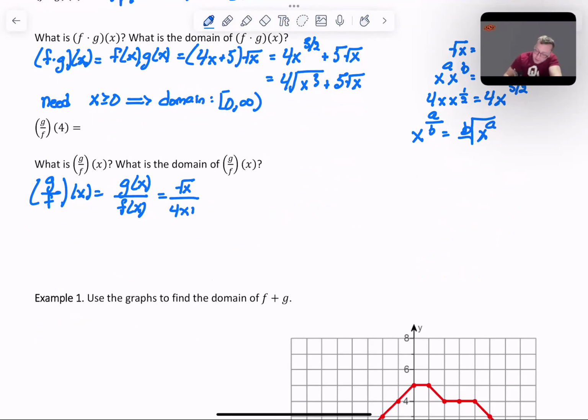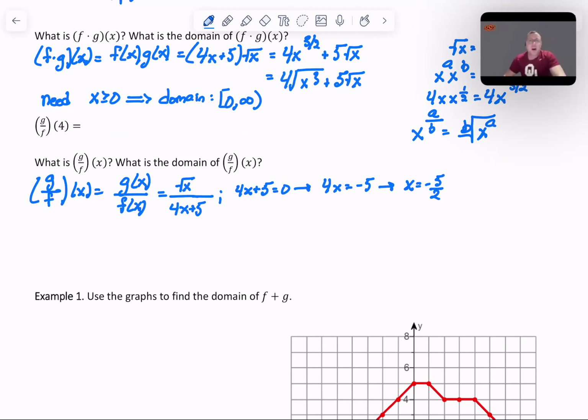So here, let's first set the denominator equal to 0 and solve. If I do that, 4x plus 5 equals 0. I subtract 5 from both sides, I get 4x equals minus 5. I divide both sides by 4 to get x is minus 5/4. So for the bottom piece to work, we need anything except negative 5/4, right?